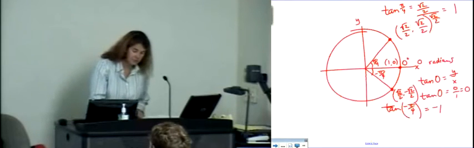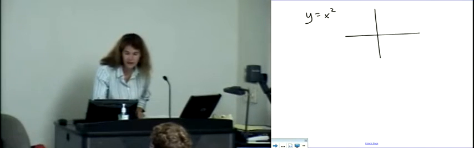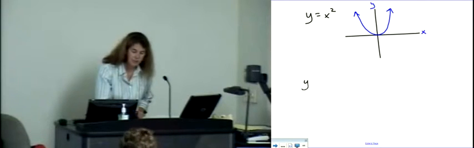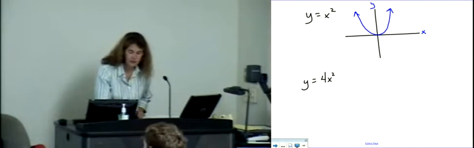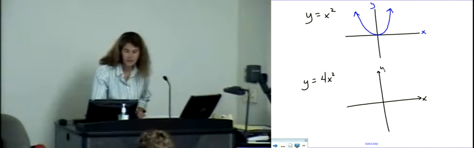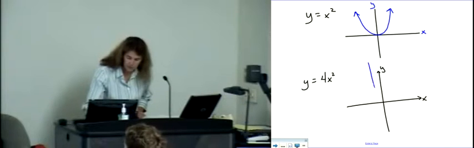If you recall from your algebraic functions, when we had y equals x squared, we said that looks something like this, right? There's our parabola. And then we had y equals 4x squared. It's going to make it more narrow.